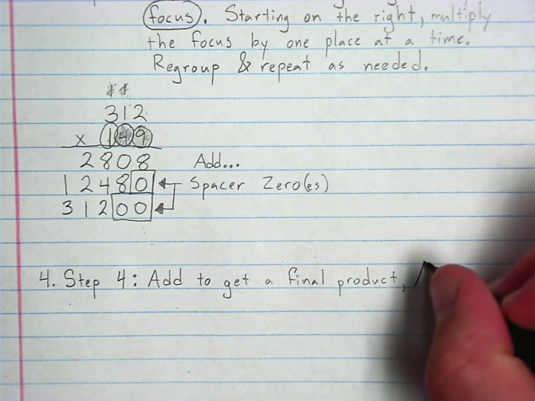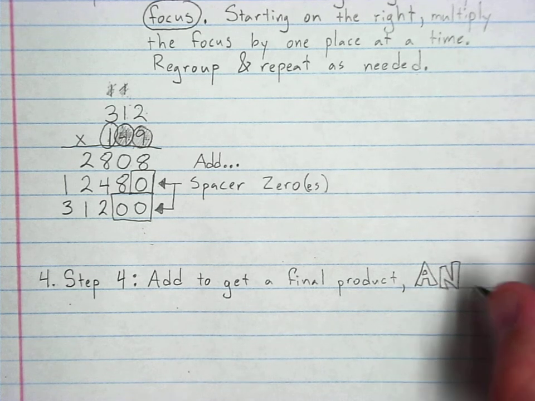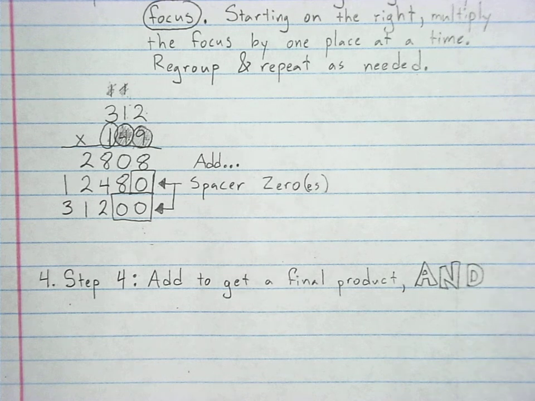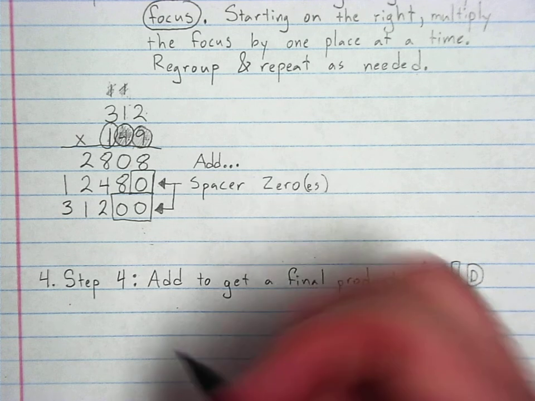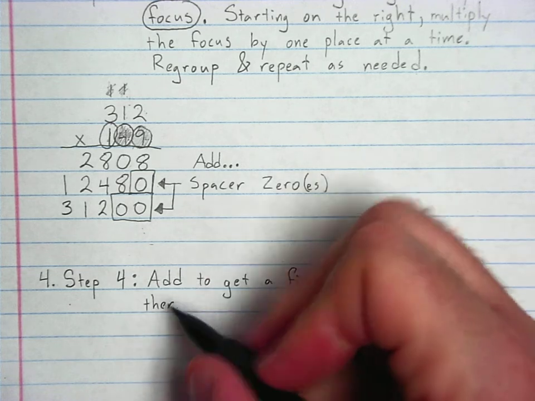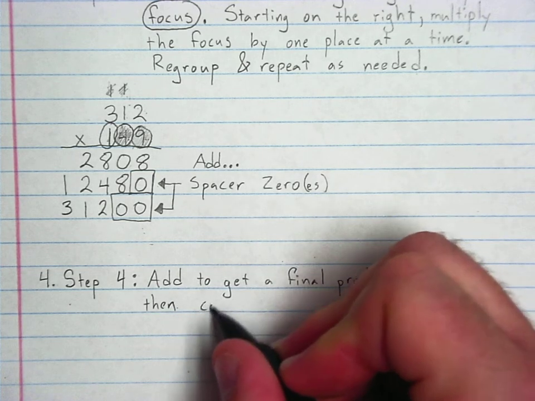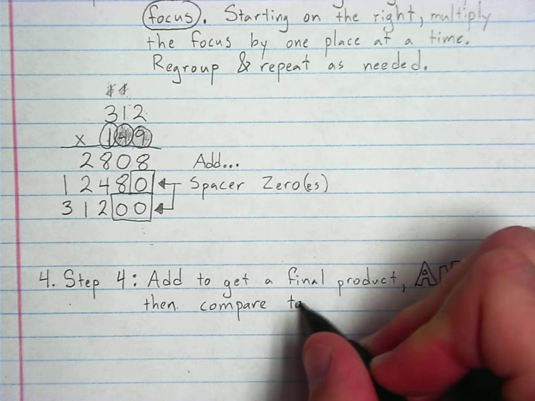And after you are finished with that, that is not the end. A lot of students want it to be the end, but I'm sorry, 'tis not. Add to get a final product, and then compare to your estimate.